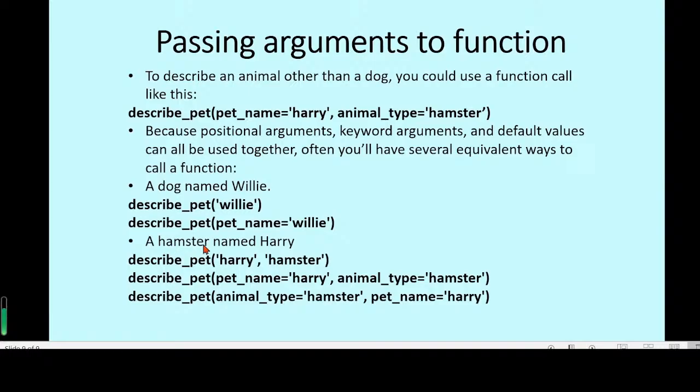Because the hamster is not a dog, we have to input hamster here. But you can also write pet name is Harry, animal type is hamster. This is very clear. And because we use keyword and value, we can also write animal type first, hamster, then pet name Harry second. No problem. It works correctly.